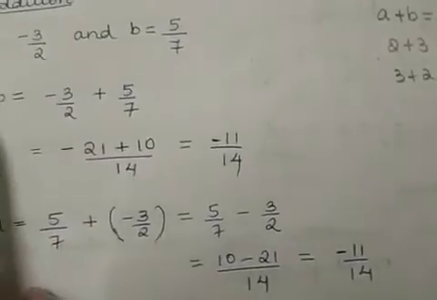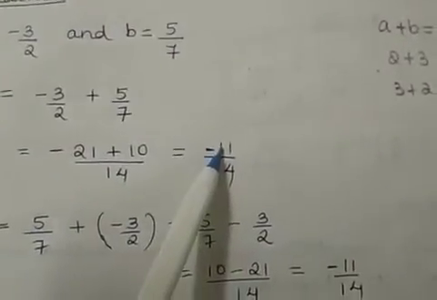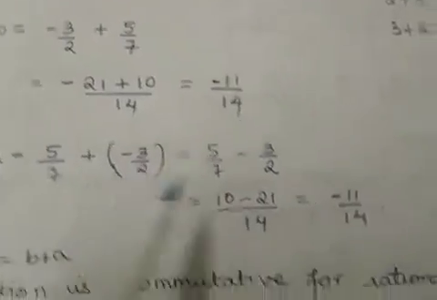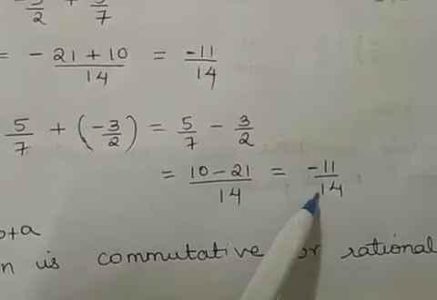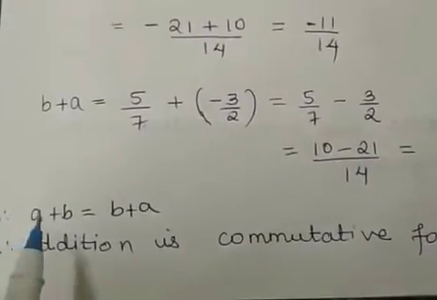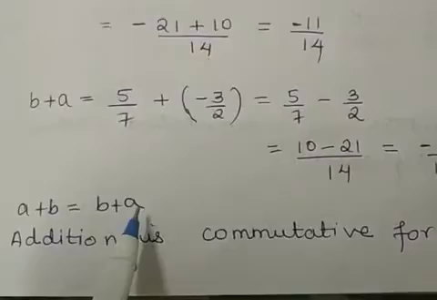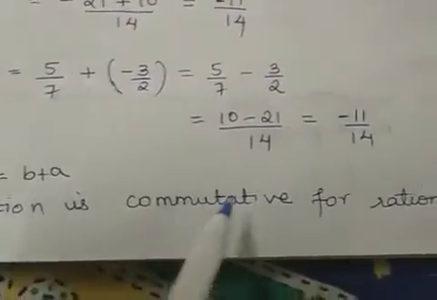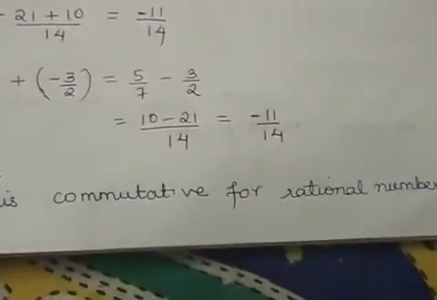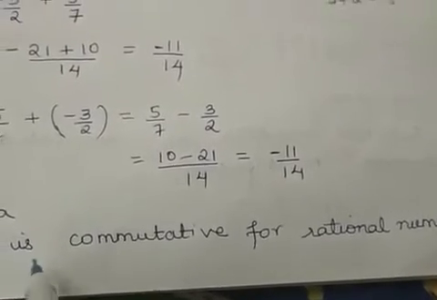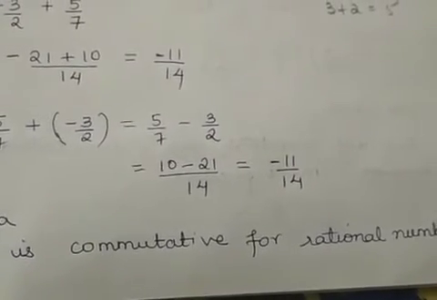So a plus b is minus 11 upon 14 and b plus a is also minus 11 upon 14. Therefore a plus b is equal to b plus a. So addition is commutative for rational numbers, or rational numbers are commutative under the operation of addition.